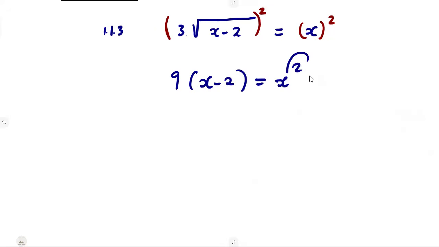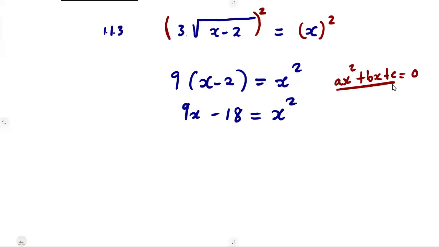So as we can see, guys, we formed a quadratic equation. The highest exponent there is a 2. Let's expand these brackets and see how it can be simplified further. 9 times negative 2, that's negative 18, which is equal to x squared. So forming our quadratic equation, like I said before, the format ax squared plus bx plus c equals 0 is on its own.